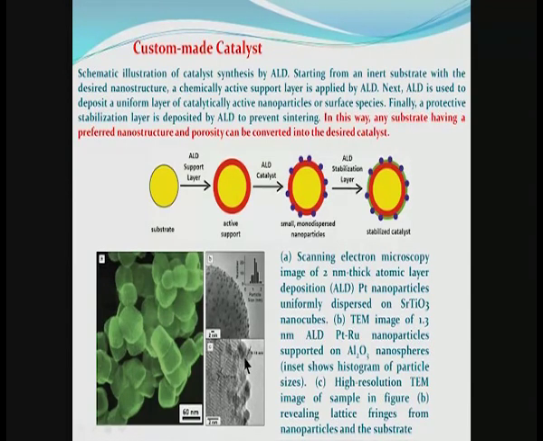This HRTEM, high resolution TEM, micrograph shows fringes which represent that these individual platinum particles are actually single crystalline. So, it is clear from this example that it is possible to use ALD to produce custom made catalysts using nanostructures.